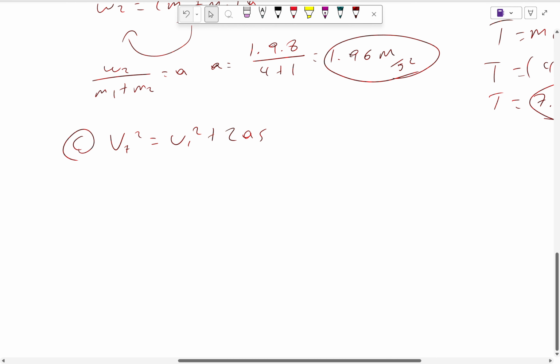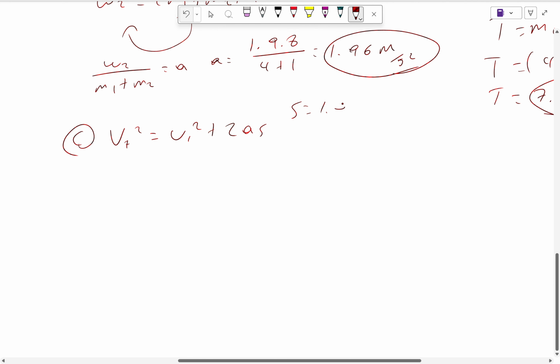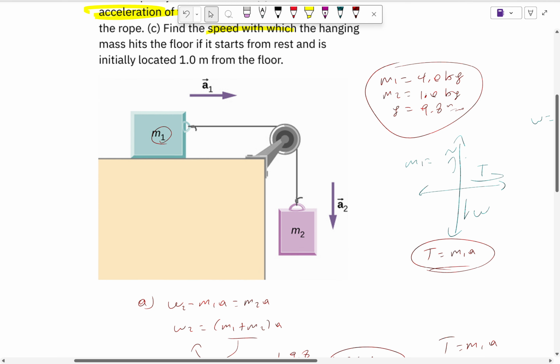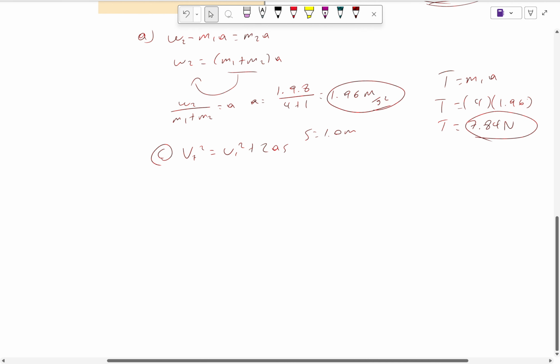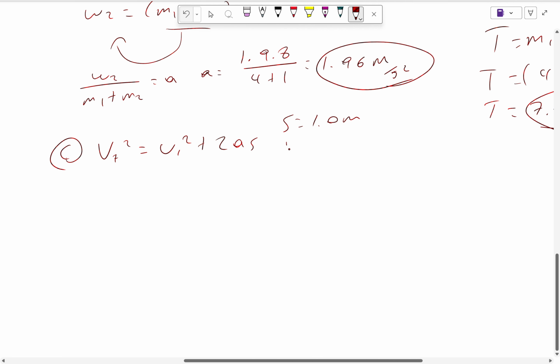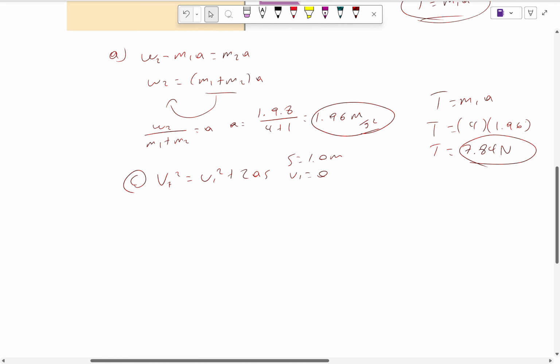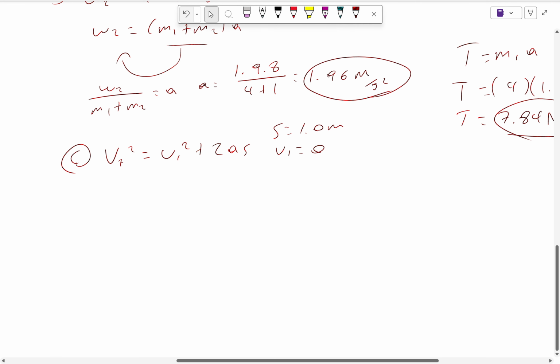Now from this we know that s equals 1.0 m, because here it says 1.0 m. And then v initial is gonna be 0. There's no initial velocity, so we can cross that out here.